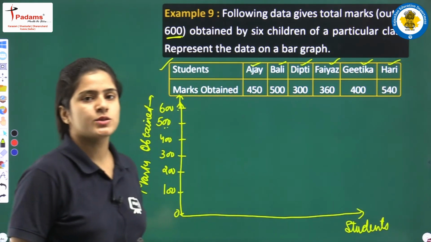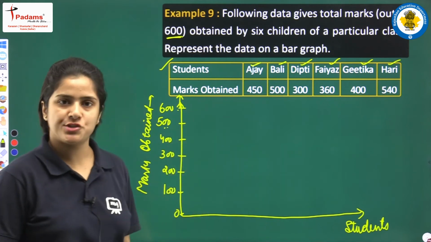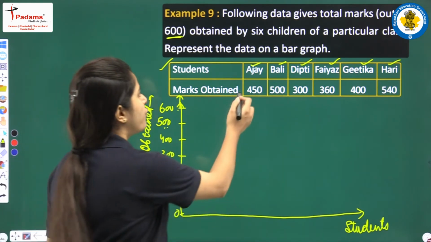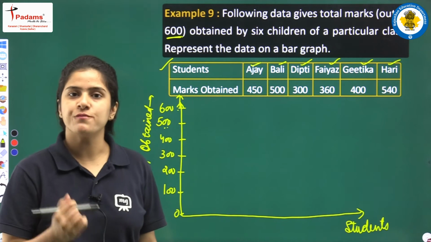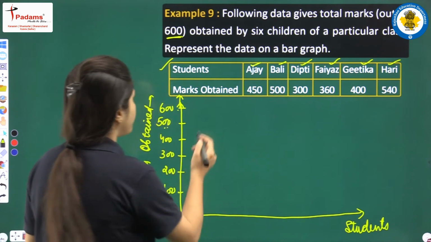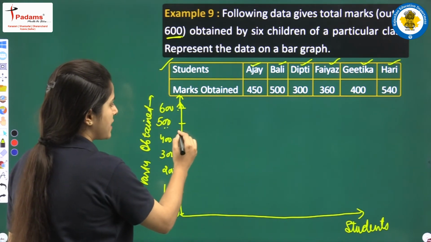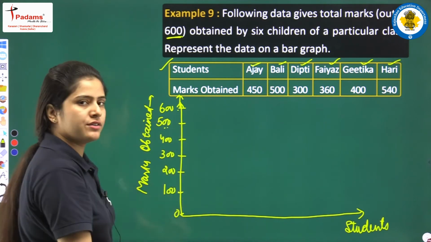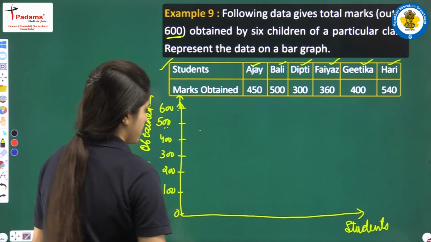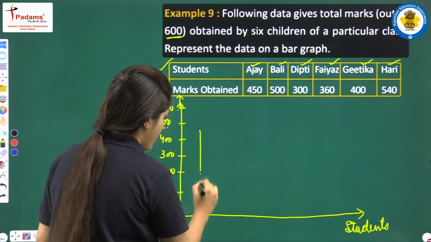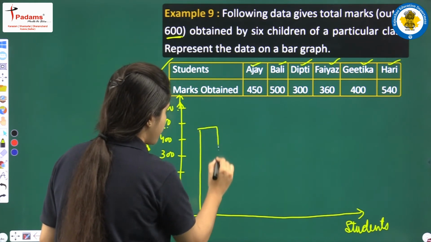Okay, students, so firstly we'll be making the bar of Ajay. Ajay is getting 450 marks out of 600. So 450 is lying somewhere in the middle of 400 and 500, so Ajay is getting 450 marks.